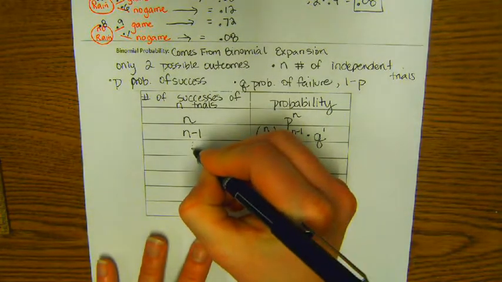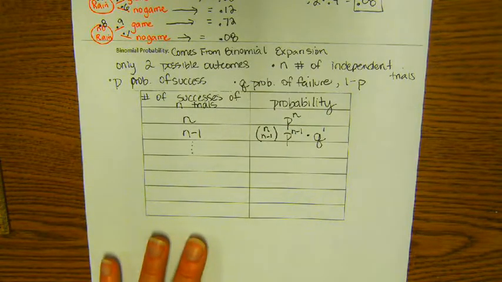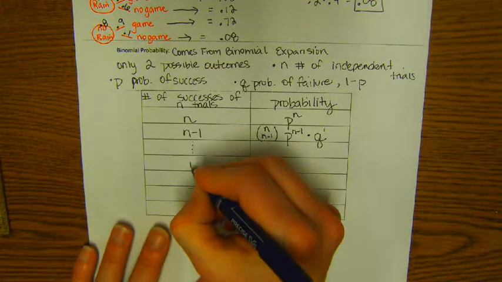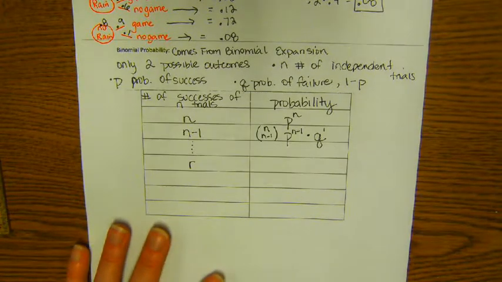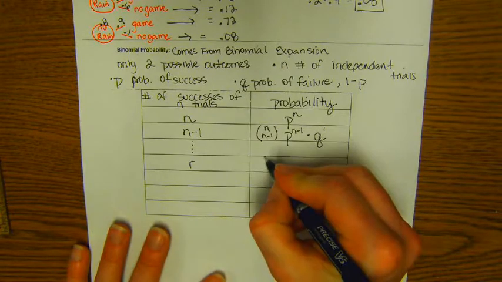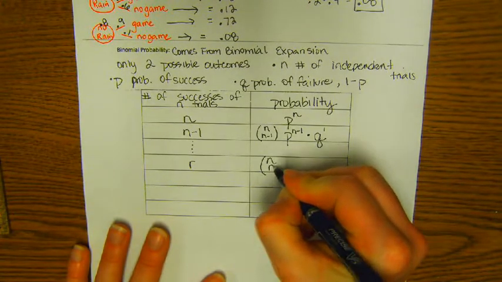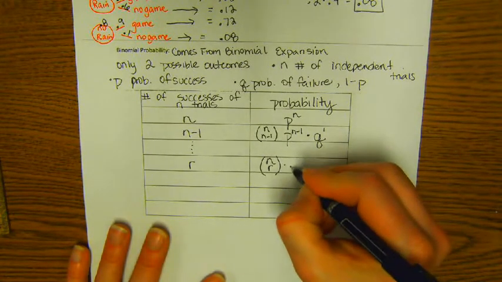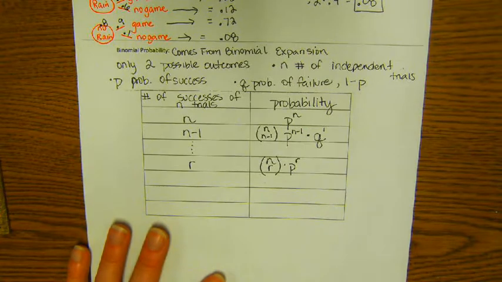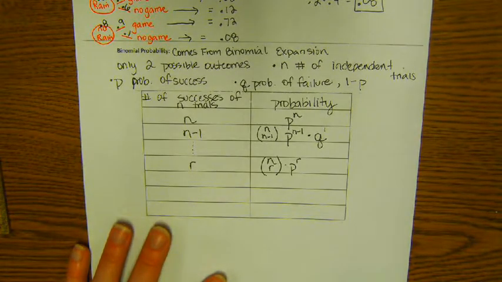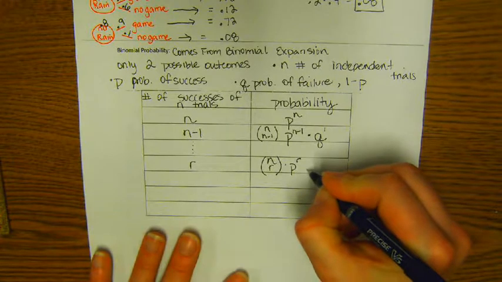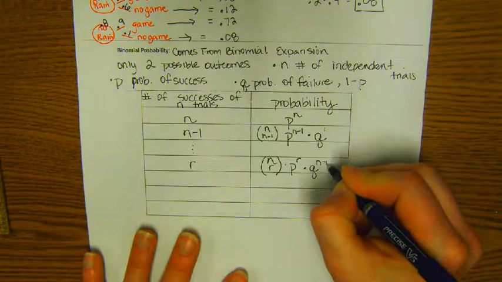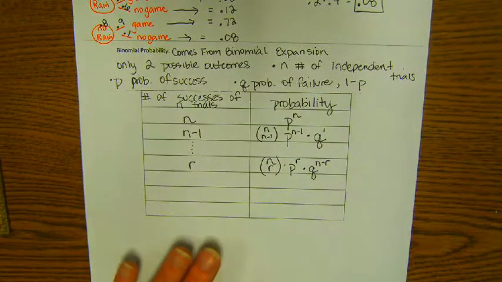I'm going to do a dot, dot, dot to just say that the pattern continues. In the middle, I'm going to put a general term. So in n trials, in general, if there are r successes, the way we figure that out is we take nCr times the probability of a success raised to the r power, and we raise the probability of failure to the difference of n minus r, because that's how many failures would occur.